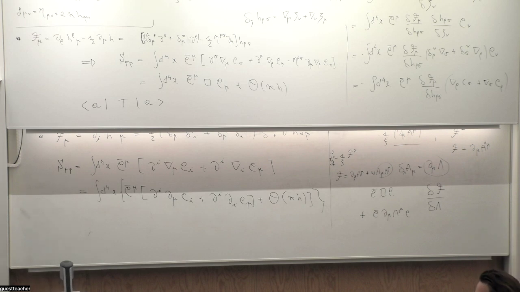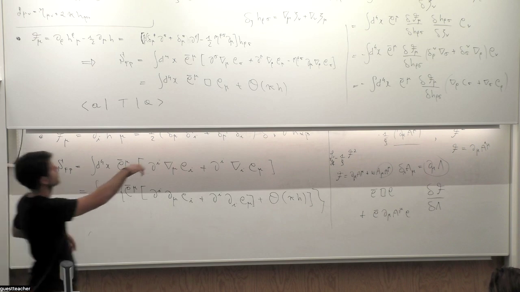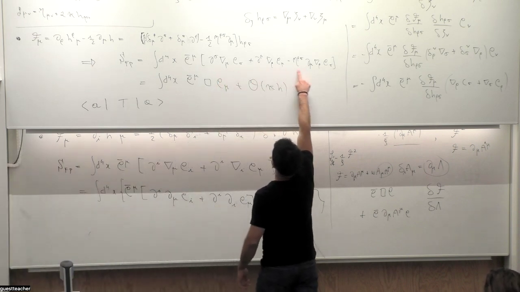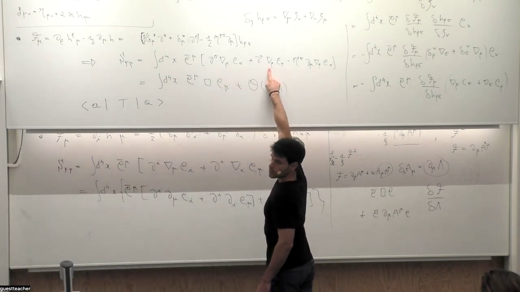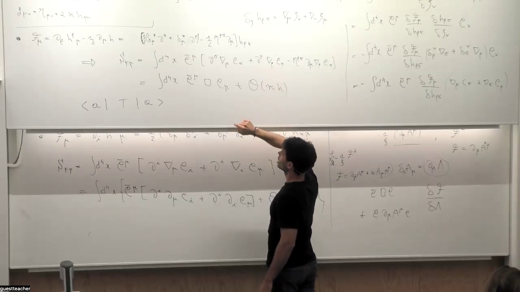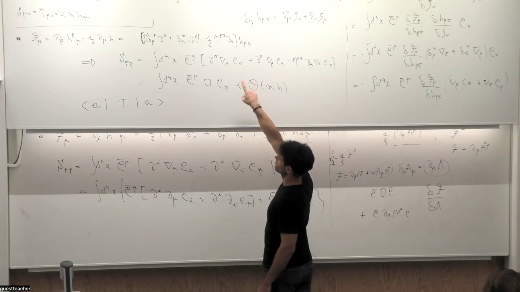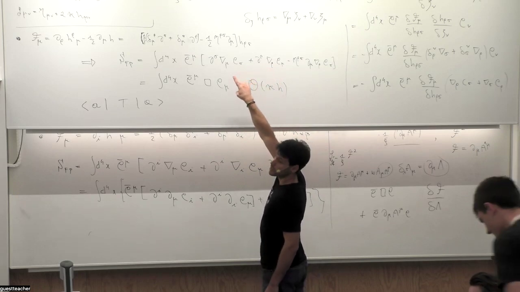Yes, question. For gravity, there's also the linear one. No, because basically this is the action, and you have the covariant derivative here. The full action will have the covariant derivative.